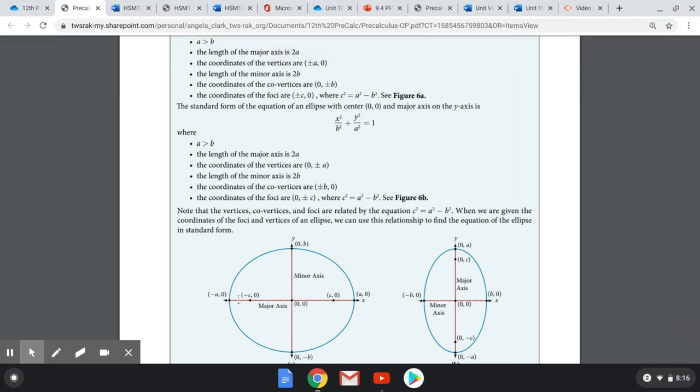So it's half the major axis. And then b is half the minor axis.